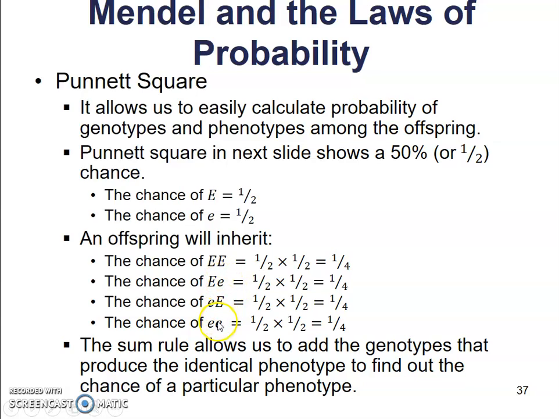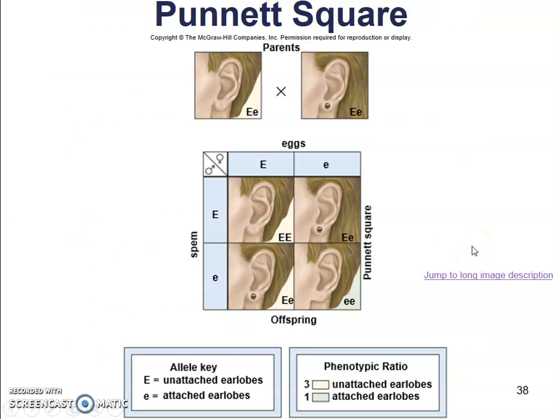And then a 1/4 chance of little e, little e. The sum rule allows us to add the genotypes that produce the identical phenotype to find out the chance of a particular phenotype. So we could actually add these two middle ones together and get 1/2. So it would be 1/4 to 1/2 to 1/4, or 1 to 2 to 1 if we're talking ratios.